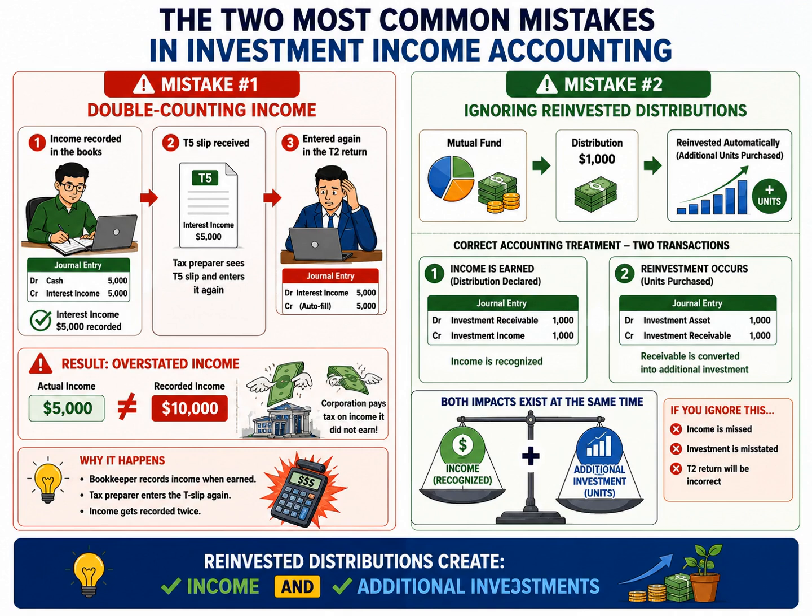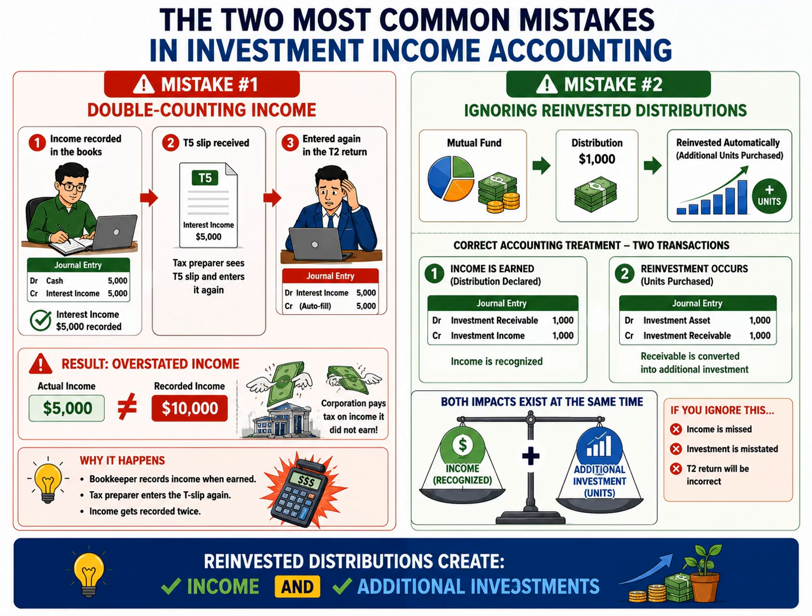A new tax preparer might think, I need to enter the T5 income into the books. If that income is recorded again, the corporation now shows $10,000 of interest income instead of the actual $5,000 earned. The result is overstated income, overstated taxes, and inaccurate financial statements.